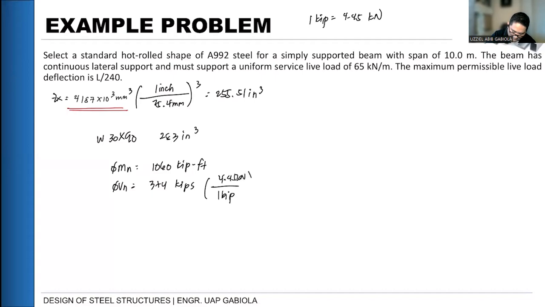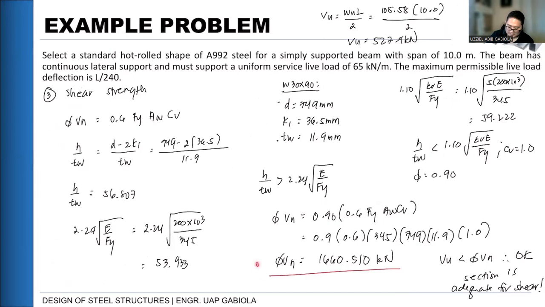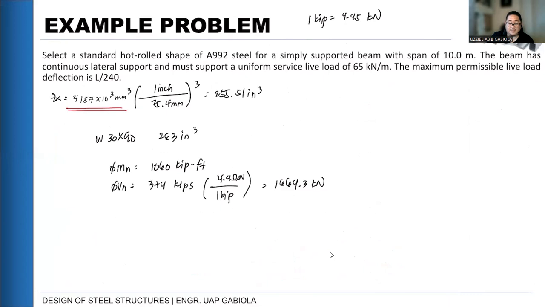This value should be the same as what we got earlier. 374 times 4.45 is 1664.3 kilonewtons. What we calculated on the previous slide was 1660. It is close to what we calculated: 1660 versus the 1664 given in the table. It is a matter of conversion, a small discrepancy of 4 kilonewtons.